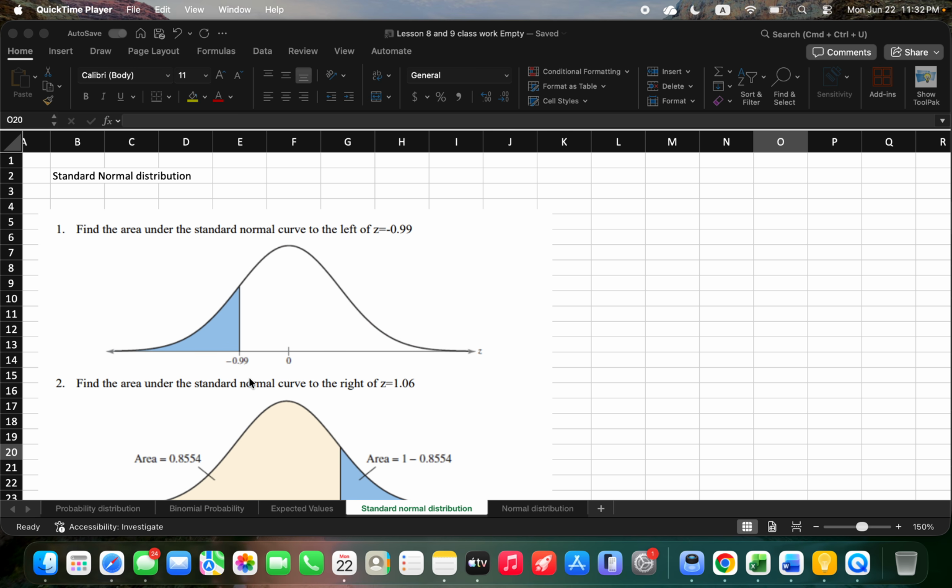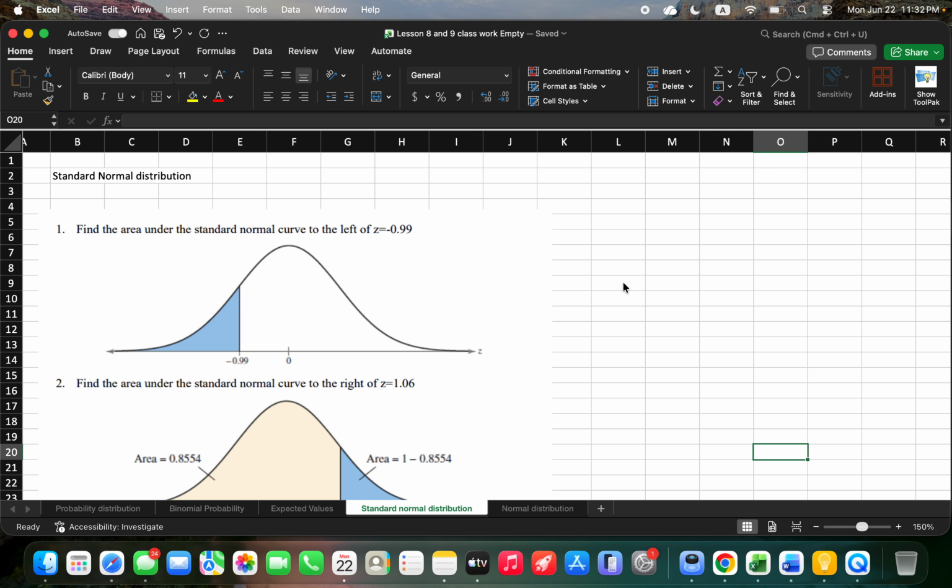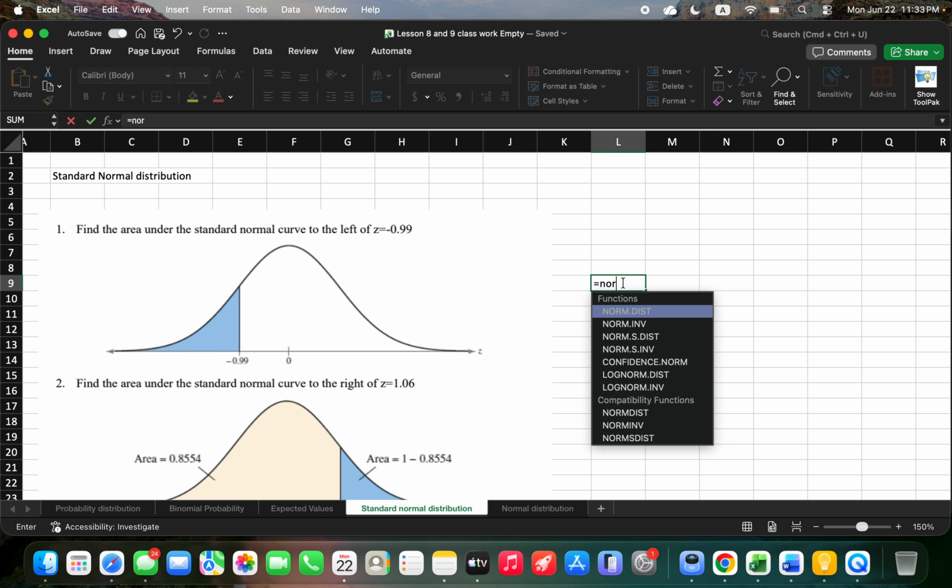Okay, then let me show you what to do. Basically, we are reading negative 0.99. So don't forget to click the equal sign, and now you click norm, then you see the norm dot standard distribution. You click that.